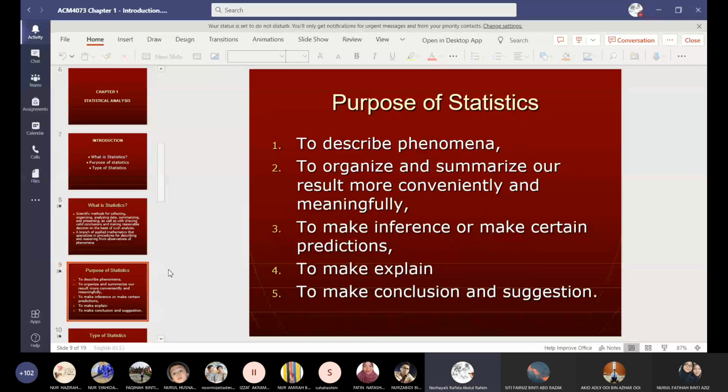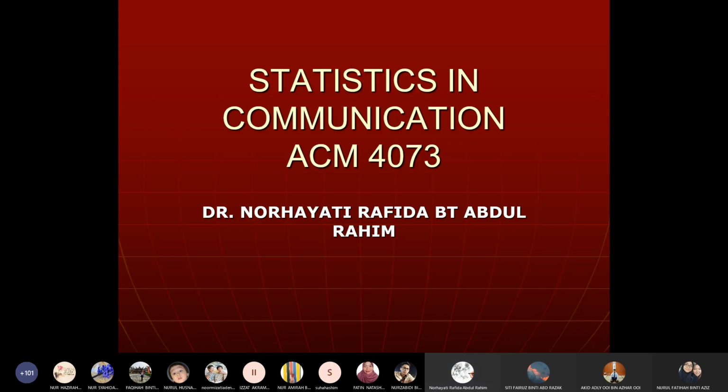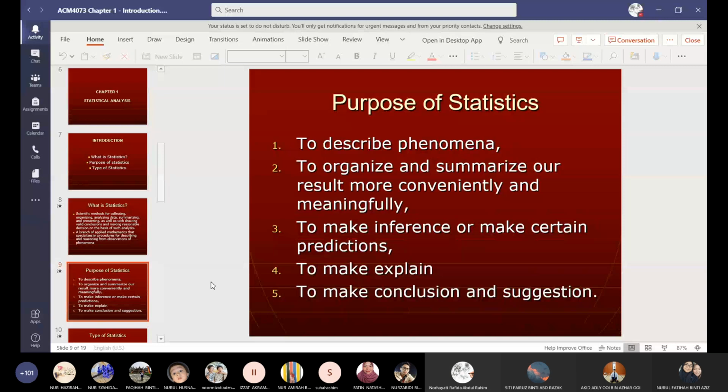Why do we need statistics? We need statistics to describe phenomena. Since statistics can measure changes, differences, correlations, the phenomena can be seen throughout the process. Statistics is used to organize and summarize our results more conveniently and meaningfully.